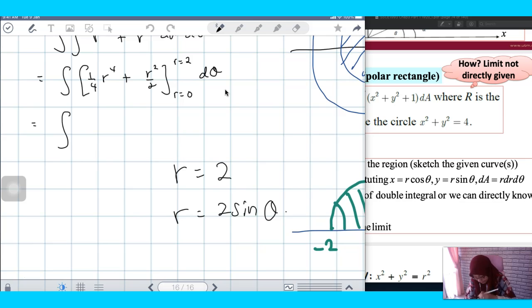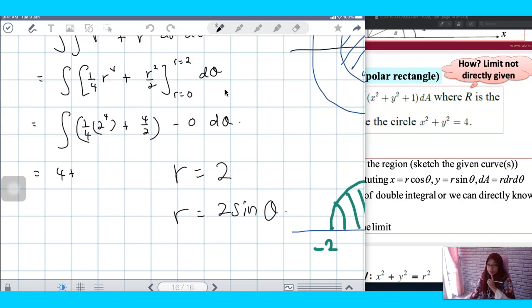So 1 over 4 times 2 to the power of 4 plus 4 over 2, minus 0, d theta, and you will get a constant. 2 to the fourth gives you 16, and 16 divided by 4 is 4, so 4 plus 2.